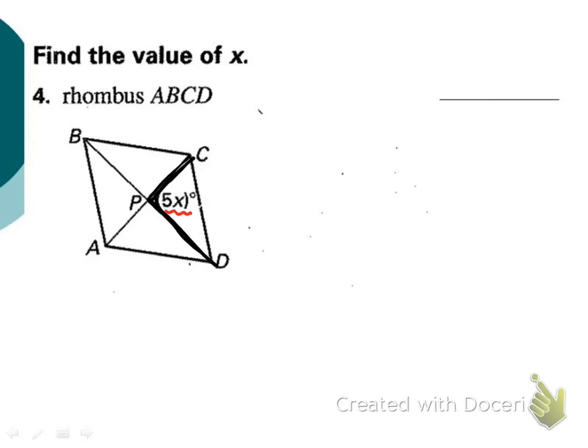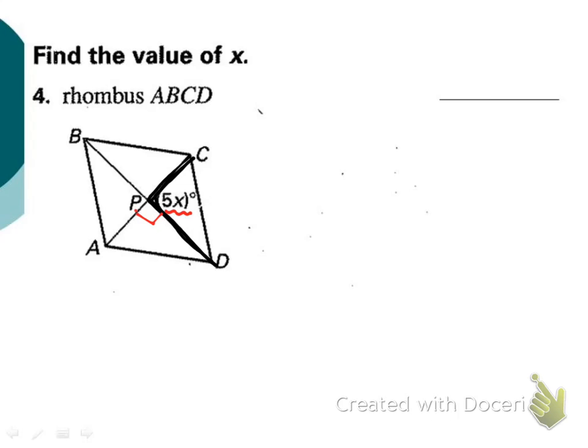In a rhombus, the diagonals are perpendicular. What does it mean to be perpendicular? They form what kind of angles? Right angles.